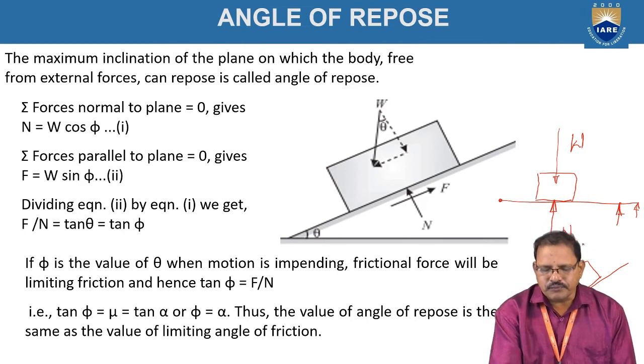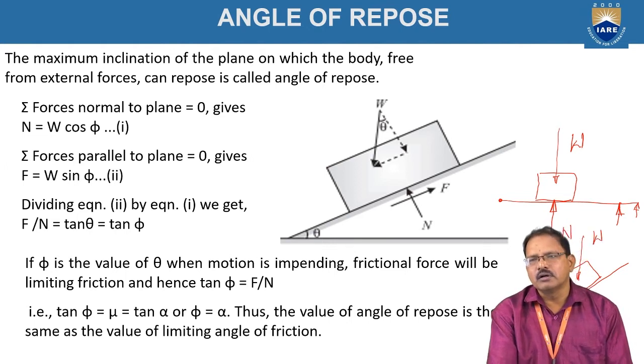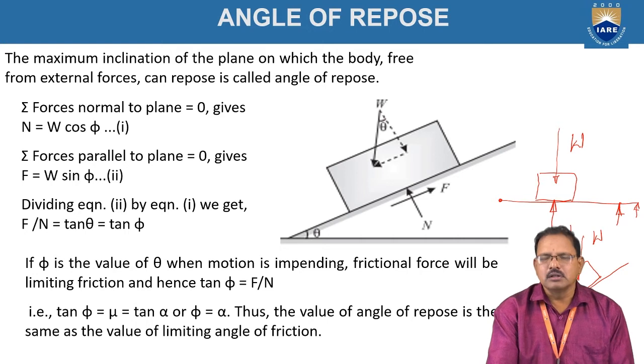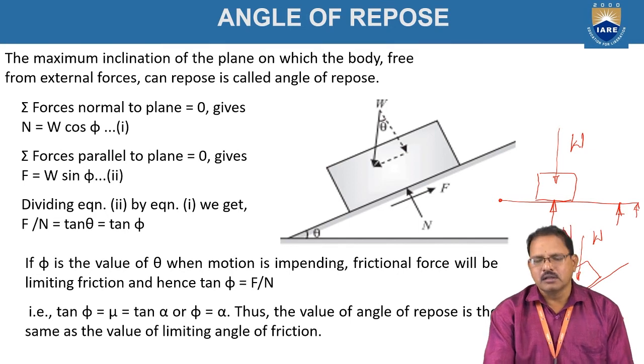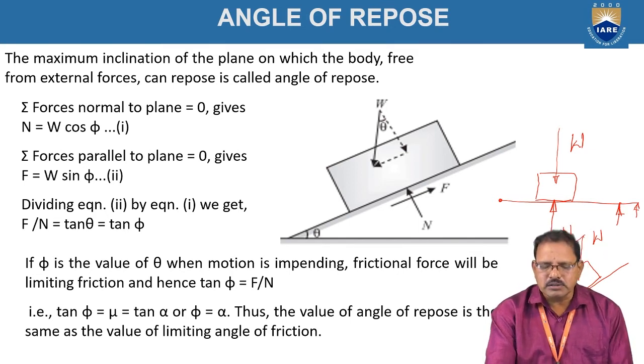The reason here is that the weight is always acting vertically downward. The normal reaction is always perpendicular to the surface. The weight is resolved into two components. One acts along the downward direction of the plane, and one is perpendicular to it.